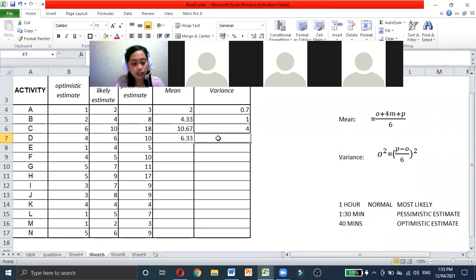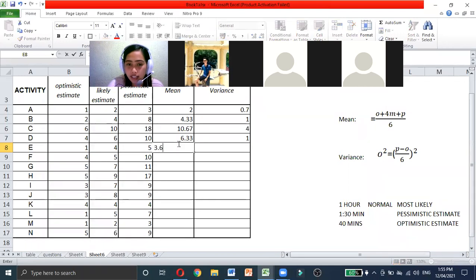The variance is 1. Okay, how about E? The mean is 3.67.